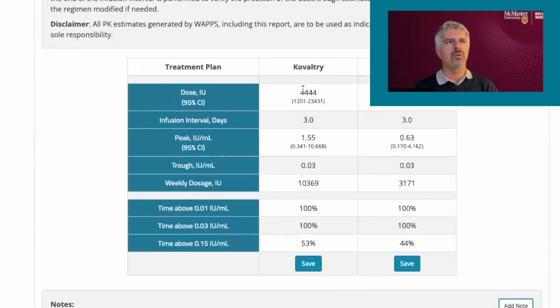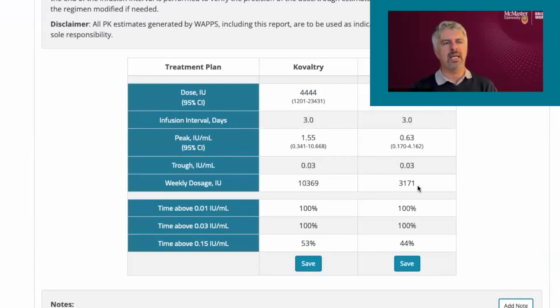And indeed, if I go here, the unit dose for Kovaltry would be around 4,000 units. For GV would be 1,500. If I give these doses every 3 days, 4,500 or 1,300, I get a peak of 1.5, a peak of 60%, and a trough of 3%.